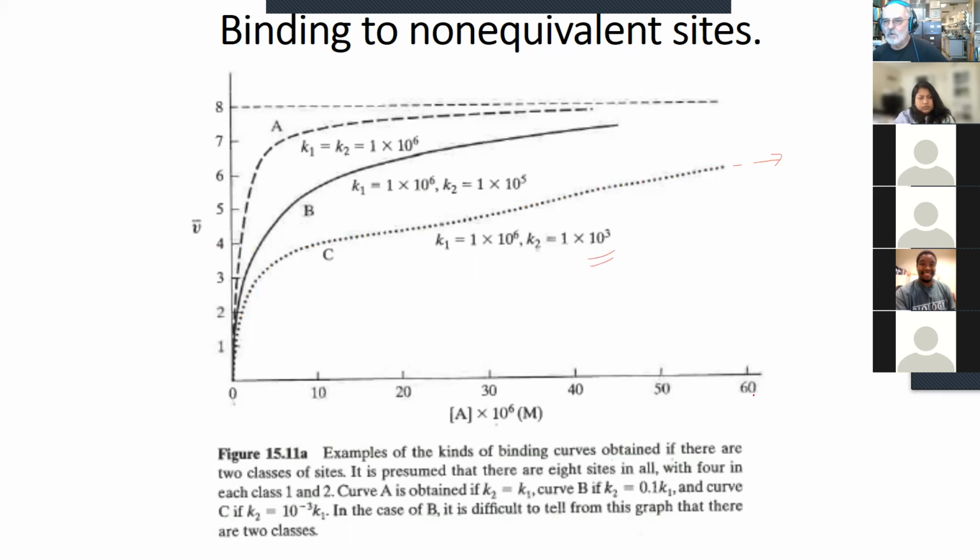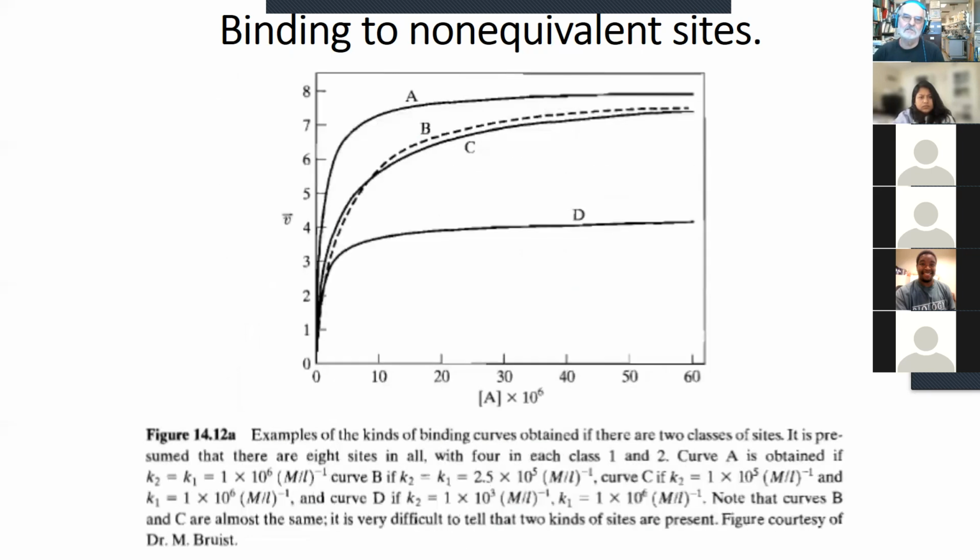You're going to have to get way out here into the hundreds and thousands to be able to approach what the maximum binding constant is. And so this becomes a difficult problem. You know there are multiple sites, you know there are different affinities, but analyzing it becomes challenging. Sorting these out might also be a little bit challenging by this method of analysis.